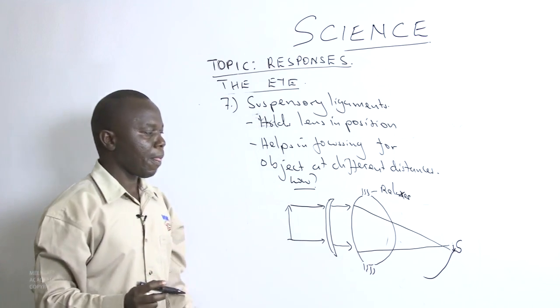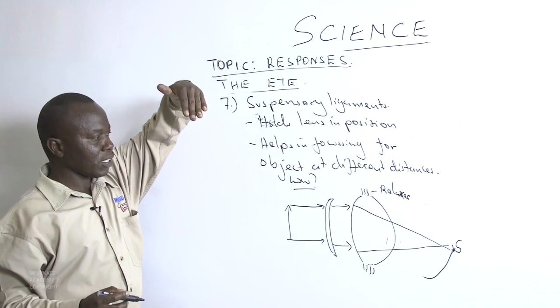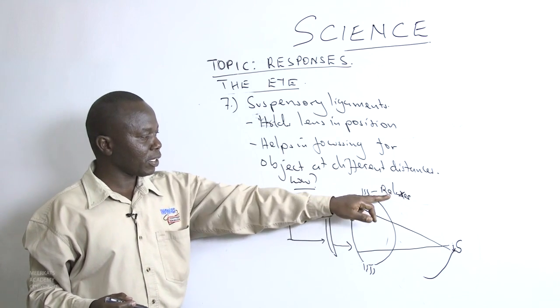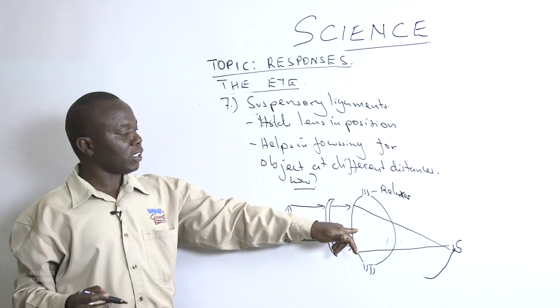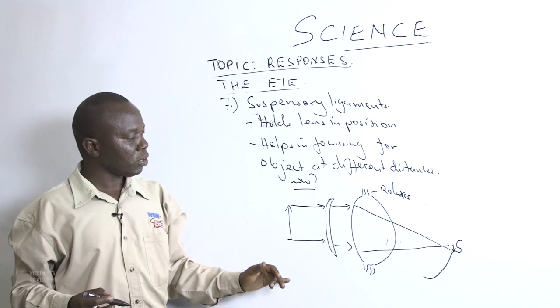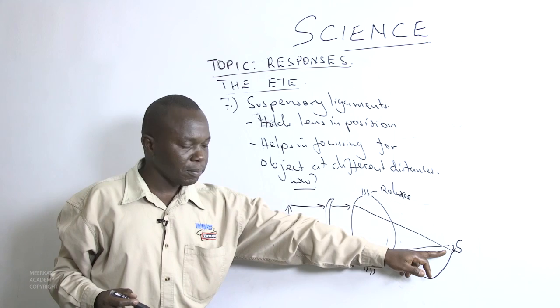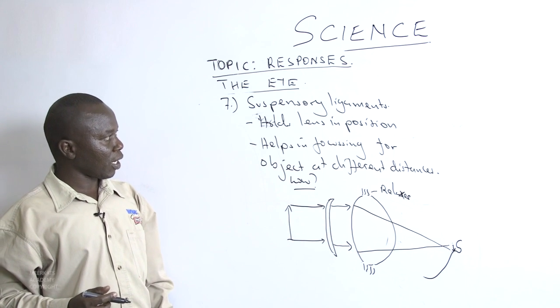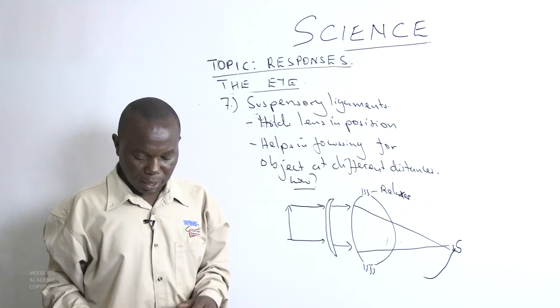It's usually smaller, but in an inverted position. So the suspensory ligaments have been involved, relaxing, increasing the curvature of the lens, bringing about more refraction, hence a lot of light being bent so that it falls onto the fovea centralis.